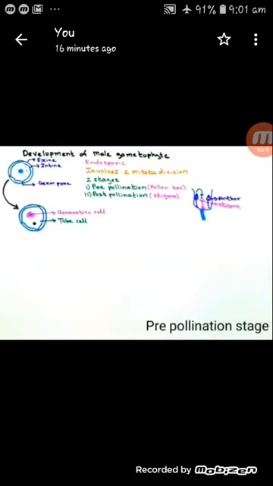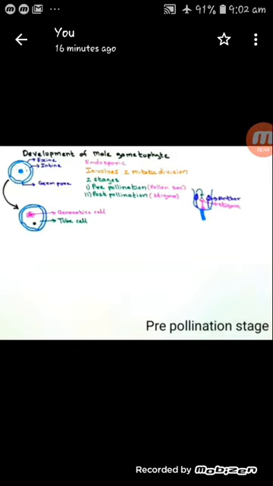The smaller cell is called the generative cell and it has a larger nucleus. It lacks reserve food and vacuole. The larger cell is the vegetative or tube cell.